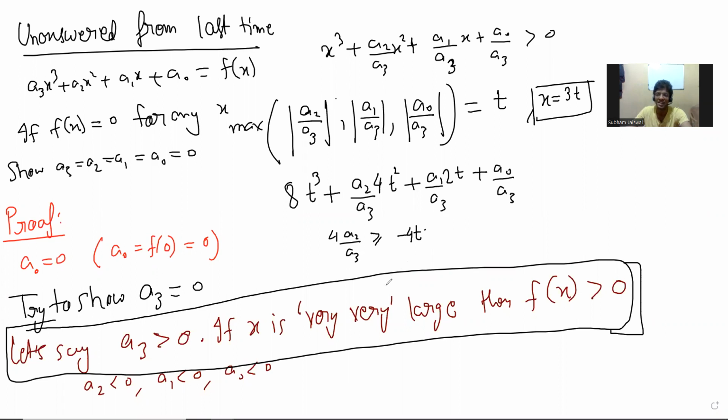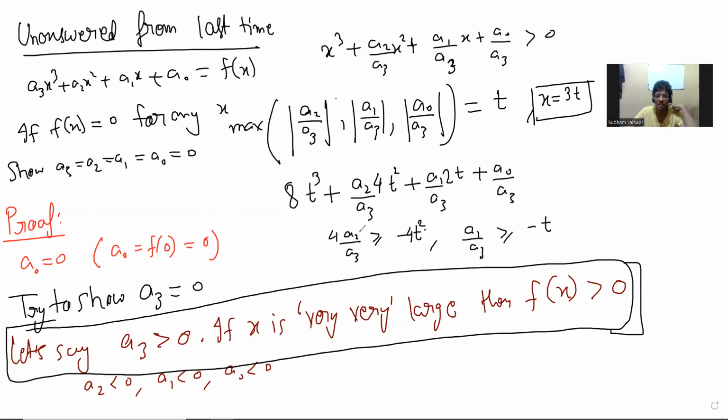Yes, that's right. So a1 by a3 is, again, you see, it will just work. a1 by a3 again bigger than minus t.